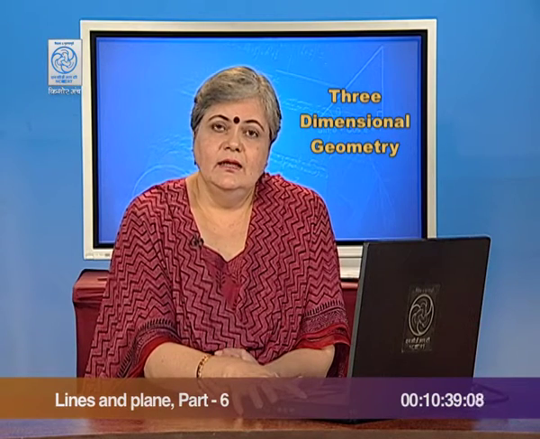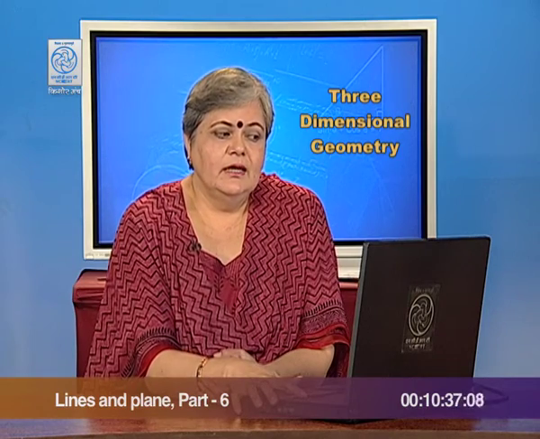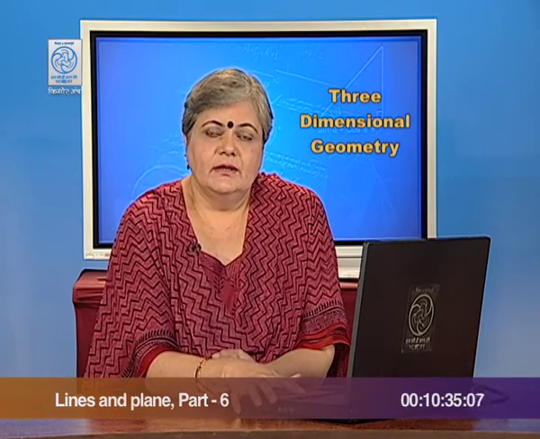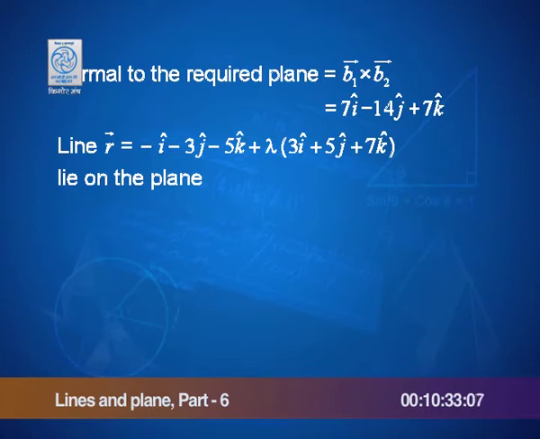What else I need to form the equation of the plane is a point. Now, the lines lie on this plane, and therefore a known point of the line becomes a known point of the plane.